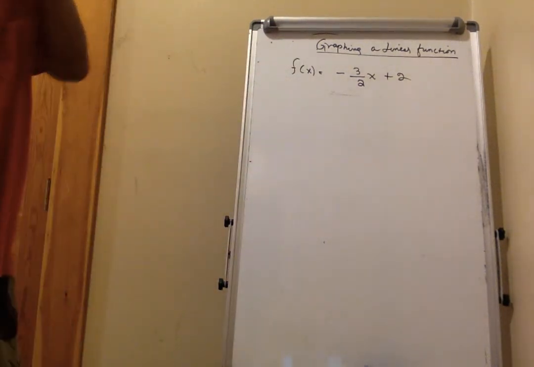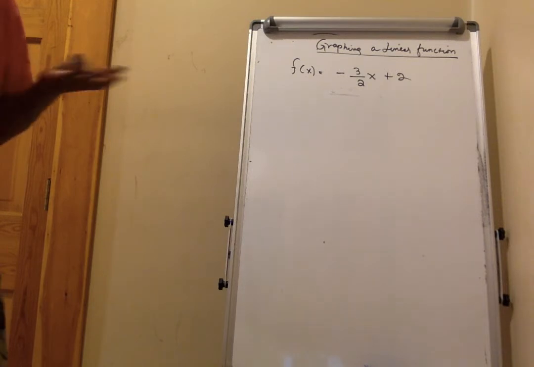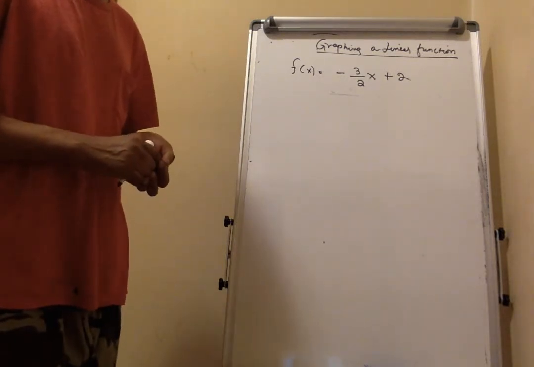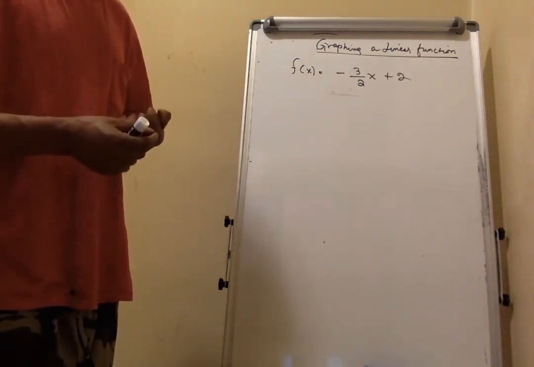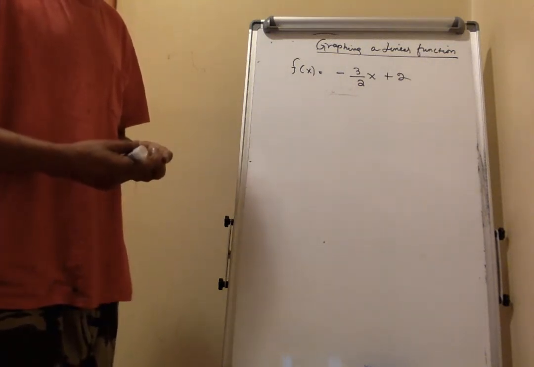We want to graph this. You need 2 pairs of points. So you can choose any number from the number line, but there are convenient numbers that we can use so that we can make our life a little bit easier.